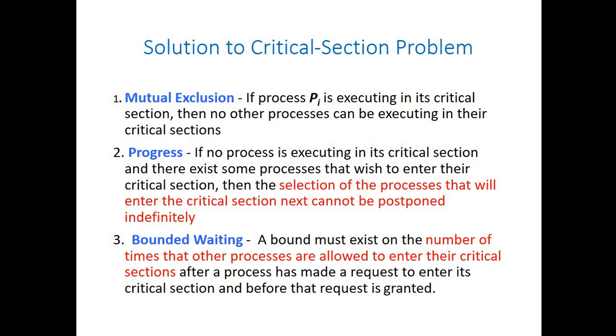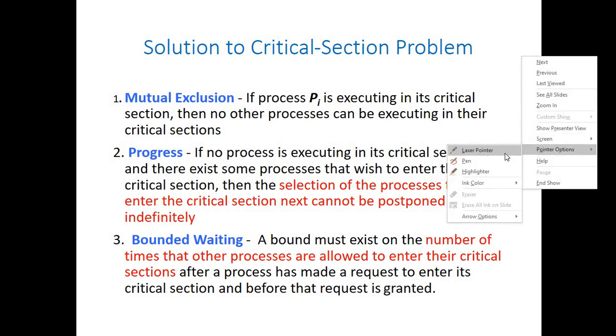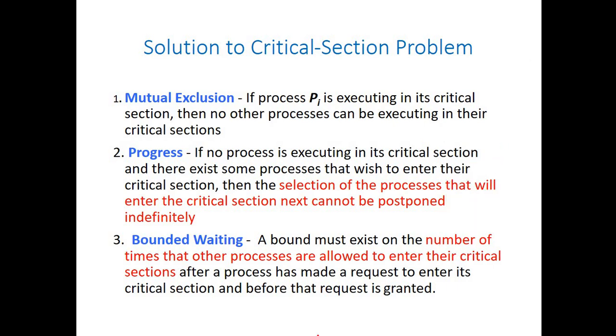Bounded waiting says that a bound must exist on the number of times that other processes are allowed to enter into their critical sections after a process has made a request to enter into the critical section. So that means a process has requested for entering into the critical section, but before it is permitted to enter, there must be a bound on how many other processes can enter into the critical section before the permission for this requested process can be granted.